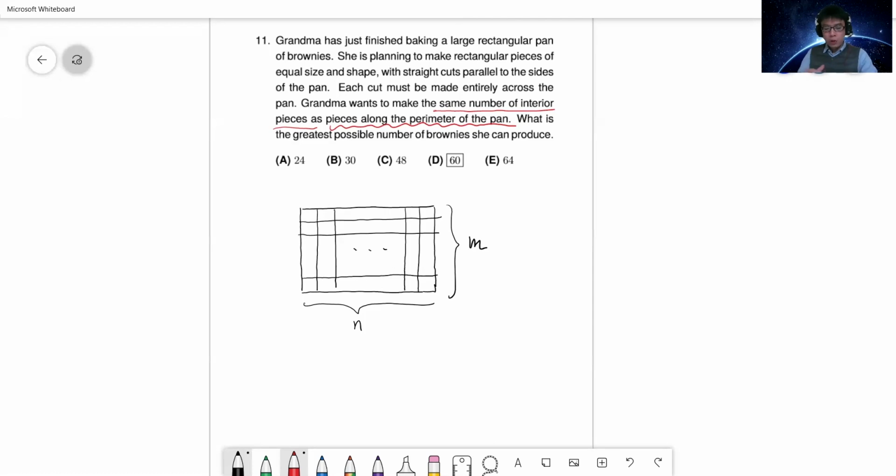Now let's count two numbers. The first number is the pieces in the interior of the pan. Interior of pan means all the pieces within this smaller rectangle. We will have m minus 2 times n minus 2. And next, we count the number of pieces along the perimeter.